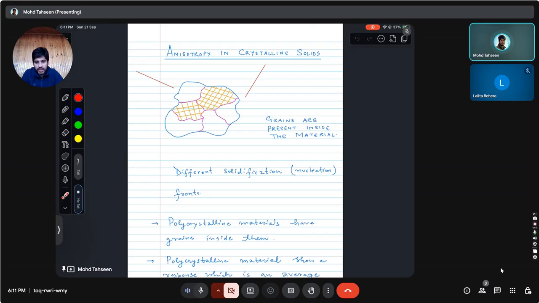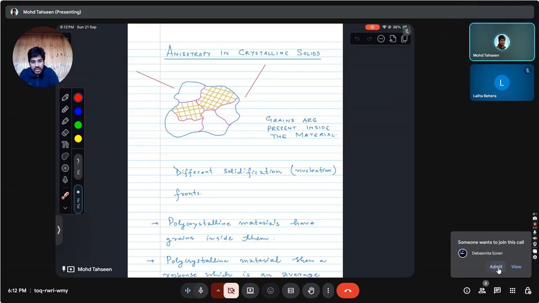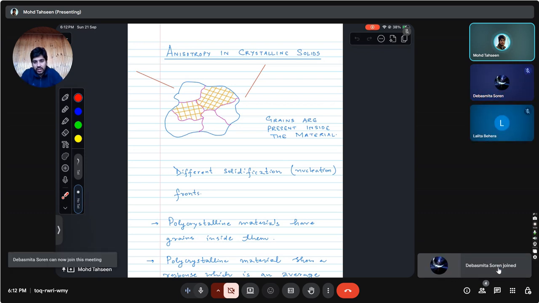So in a polycrystalline sample, the properties along different directions balance each other, right? If we have a very large number of grains, then we would expect that there is some other grain which is exactly opposite to this grain, right? And that assumption works only if there are a lot of grains present in the sample, right?